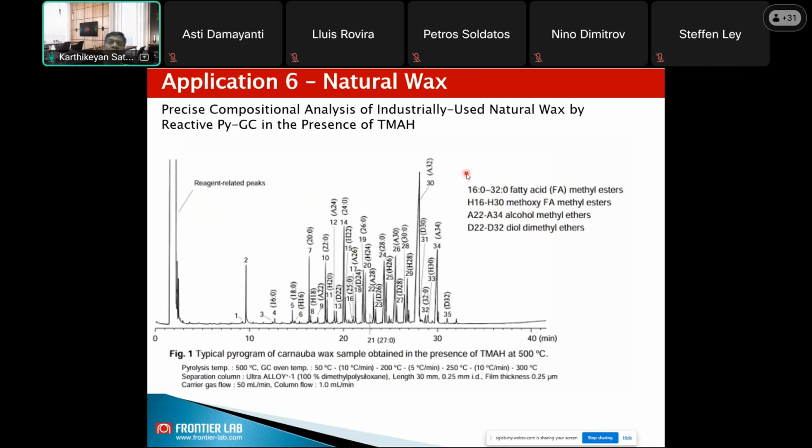From these peaks, you can also do a quantification based on the peak area by injecting the pure standards. Then we can provide the precise data for the composition of this natural wax. This is another typical example which shows the benefit of reactive pyrolysis even for additive analysis.